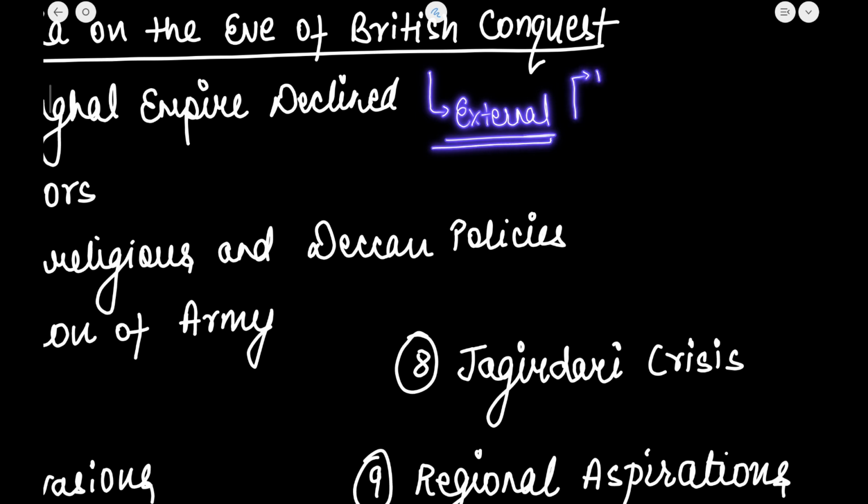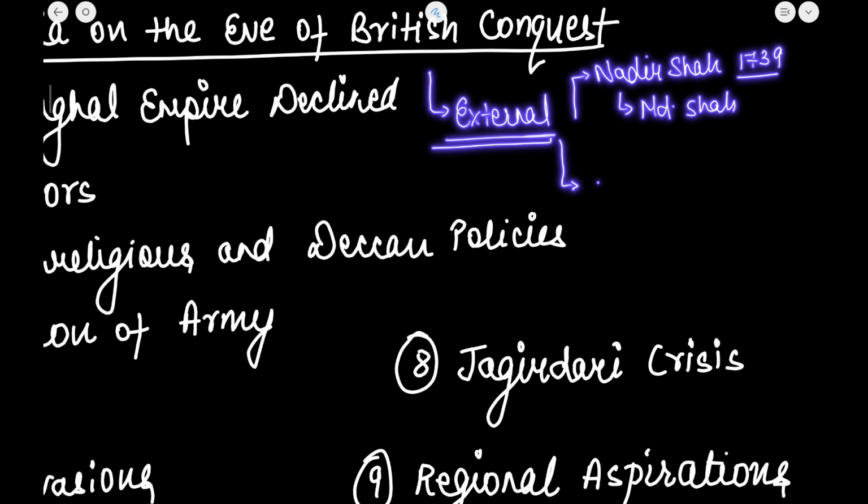First of all, Nadir Shah attacked India in 1739 during the reign of Muhammad Shah Rangila, and the next external invasion was done during the time of Ahmad Shah Abdali. Now this Ahmad Shah Abdali, from the year 1748 to the year 1767, attacked multiple times.